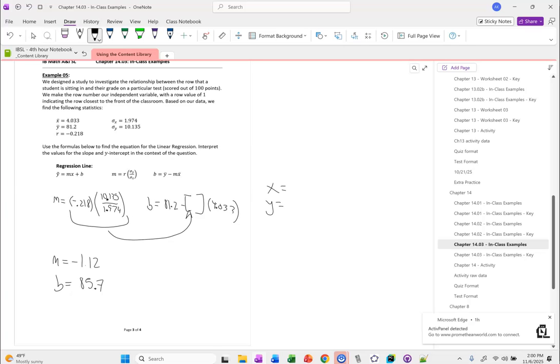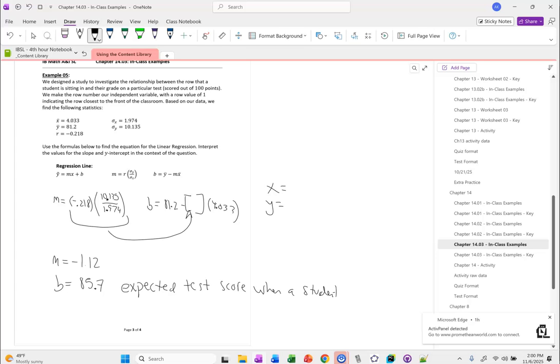So, 85.7 is the expected test score when it's zero.